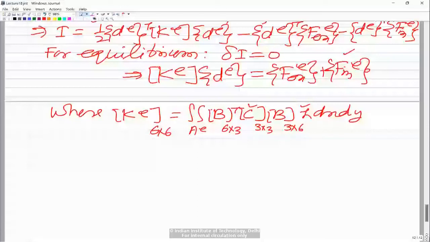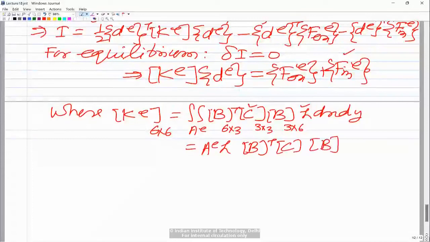So this entire thing can be taken out of the integral sign. Then you will have the integral over area A of dx dy, and that will give you the area of the element. So ultimately you can write this will be equal to AE into H into B transpose into C into B, because B transpose C B H can be taken out of the integral.